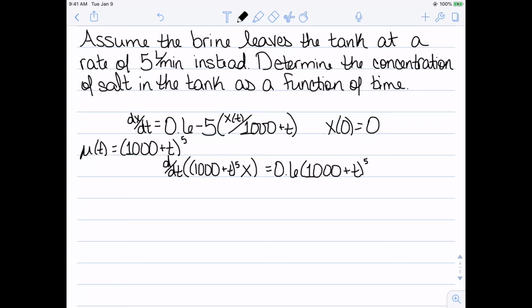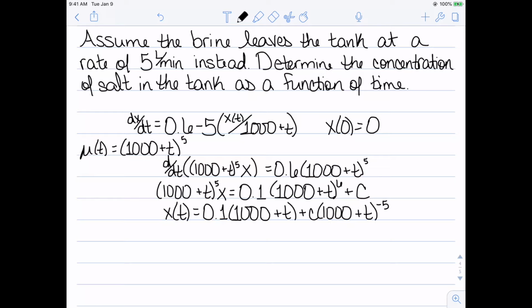That then gives me that the derivative of (1,000 plus t) to the 5th times x is equal to 0.6 times (1,000 plus t) to the 5th. Once I integrate both sides, I get (1,000 plus t) to the 5th times x equals 0.1 times (1,000 plus t) to the 6th plus c.